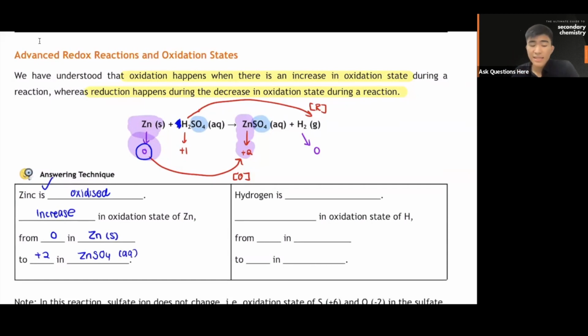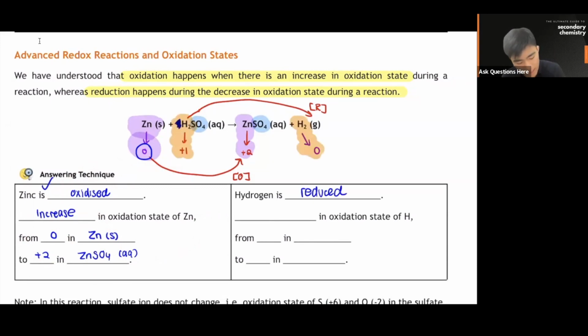This is how you score your full marks in the exam, because you no longer don't know what to write for the question. For example, if the question is to explain why this is a redox reaction, you must tell me this is oxidized because there is an increase in oxidation state from 0 to +2. Now, hydrogen, on the other hand, is getting reduced. Why is it reduced? Originally hydrogen's oxidation state is +1, and now it becomes 0.